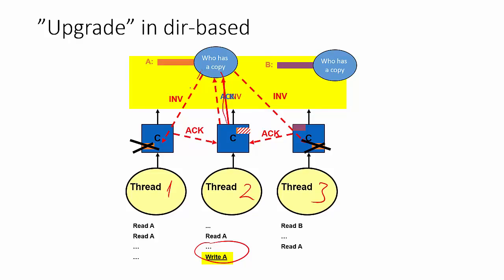The directory will forward the invalidation request only to those caches that have a copy. Depending on the protocol, acknowledgements are sent in various ways. In this case, the acknowledgements are sent to the local cache, and then it gathers the number of copies and sends it back when it's finished to the requester, to the directory, I'm sorry.